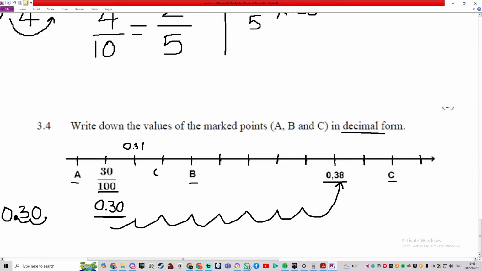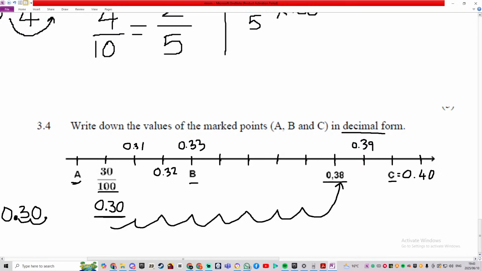This here is 0,32. So B would be 0,33. Do you see that? Then if this is 0,38 here, this one here would be 0,39 and C would be 0,40.